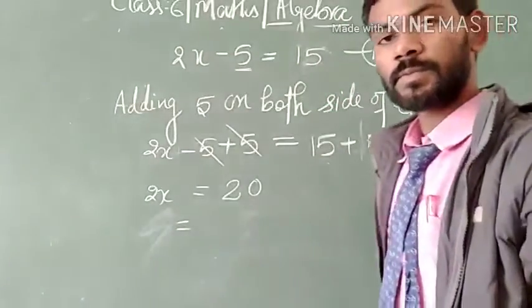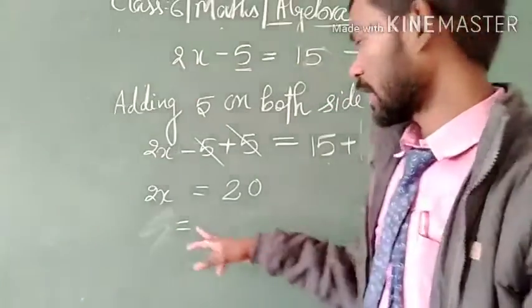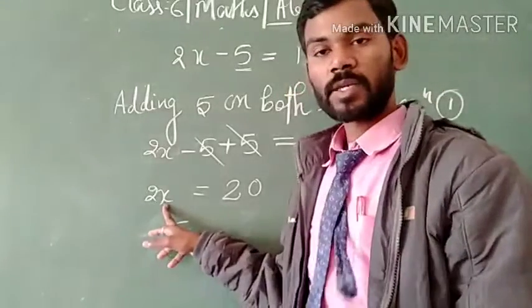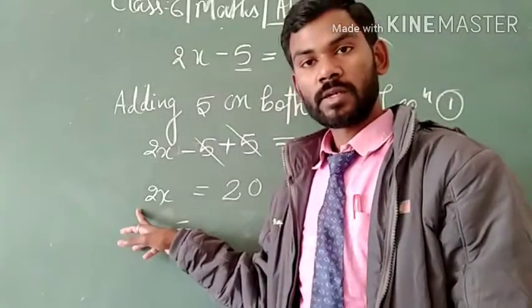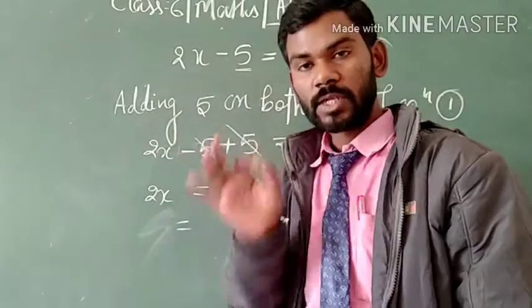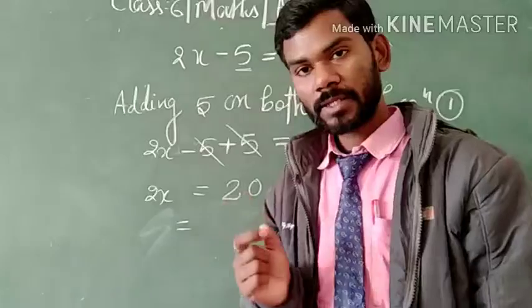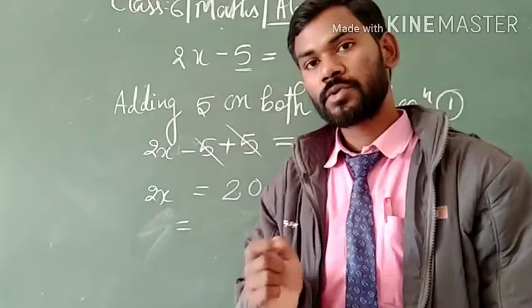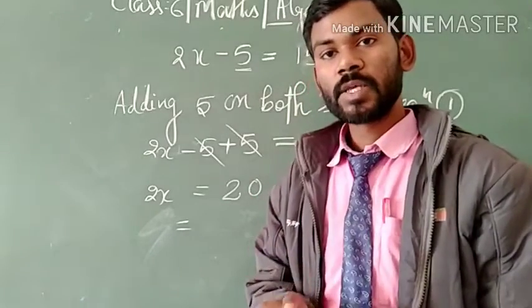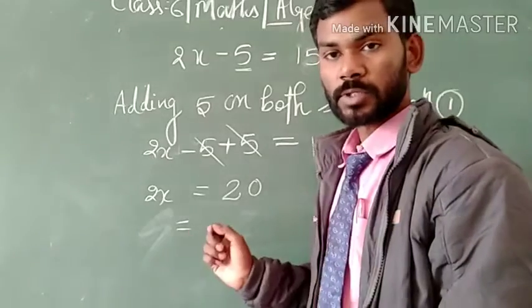Now in this step we can see that variable is combined with 2. Therefore, 2 has been multiplied with x. In order to remove 2, we shall divide both sides.